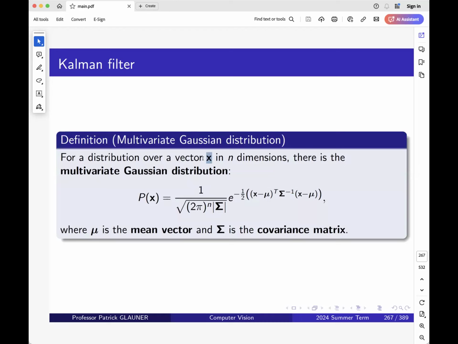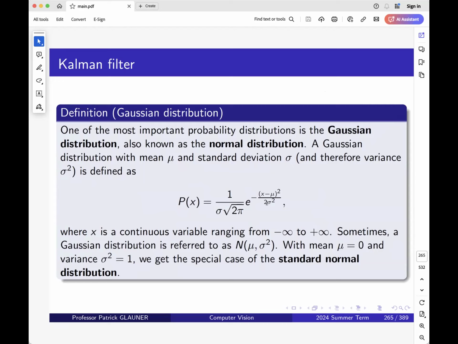Now x is in bold, which means x is a vector because it has multiple entries, n many, so we have an n-dimensional vector. And for such a vector, the Gaussian distribution looks something like this. It looks far more complex than the one before, because here we have x minus mu squared divided by 2 times sigma squared, plus we have this normalizer.